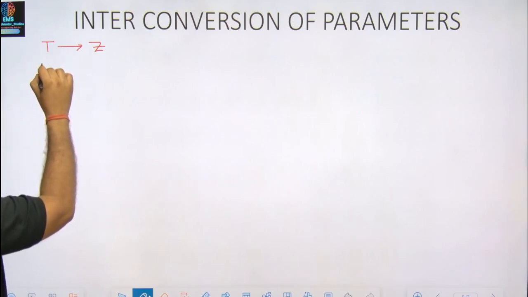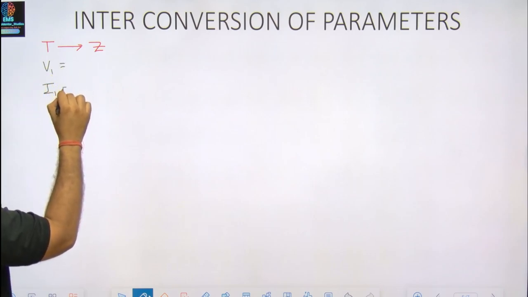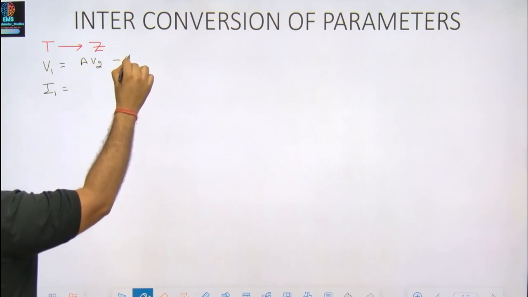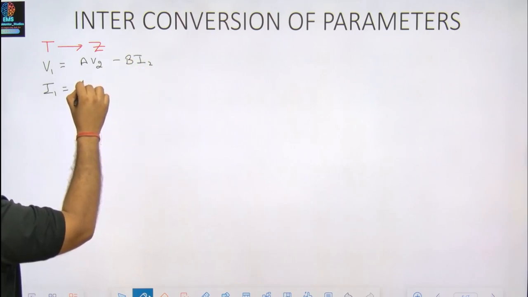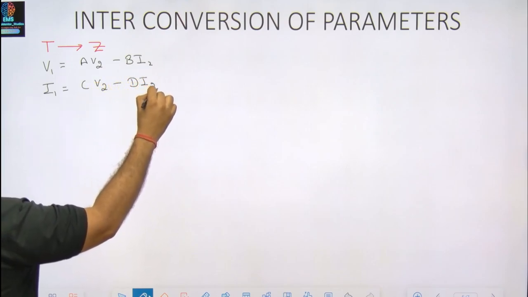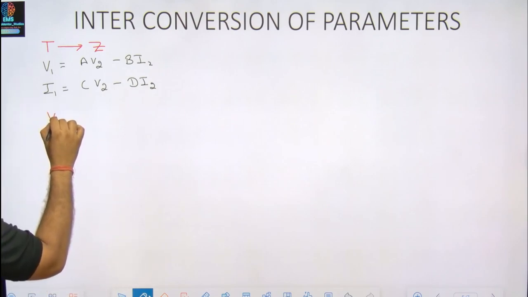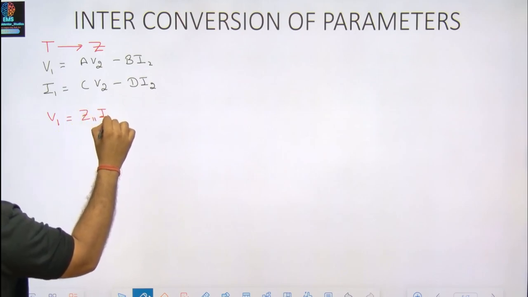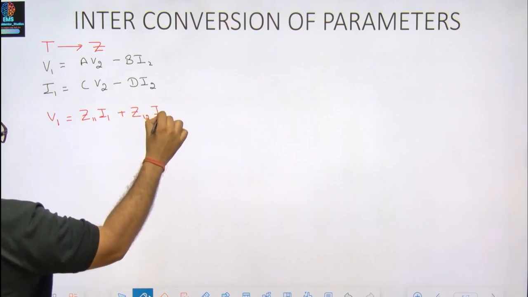Let us say for t parameter, V1 is A V2 minus B I2, I1 is C V2 minus D I2. This is for t. Now z parameters की क्या होंगी? V1 is equals to z11 I1 plus z12 I2.